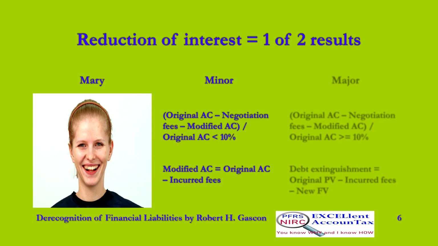Because that reduction is deemed as minor, the debt modification gain, or loss, recognized in profit or loss, equals the amortized cost immediately before that reduction, minus the incurred fees upon that reduction, including the negotiation fees, and minus the amortized cost immediately after that reduction.